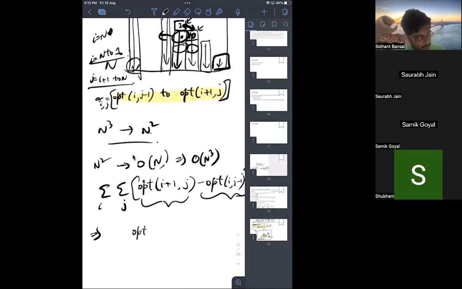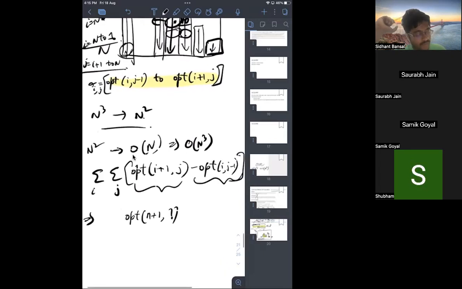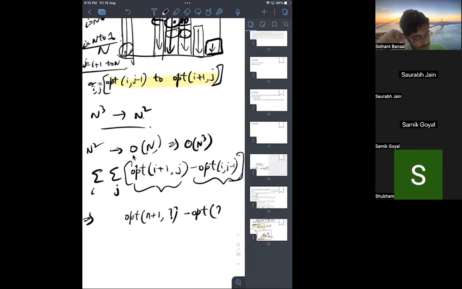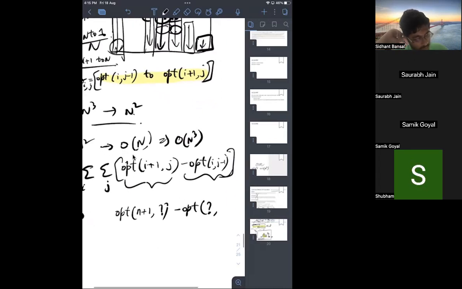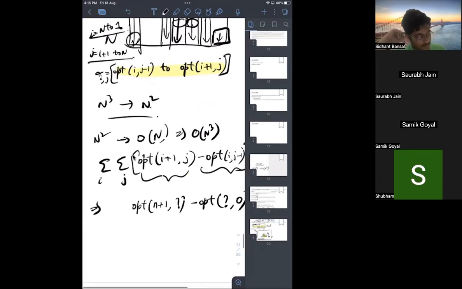Basically, terms of the form opt n plus 1 comma question mark will remain, and on the right hand side opt question mark comma 0 will remain. Only these terms will not be cancelled out.